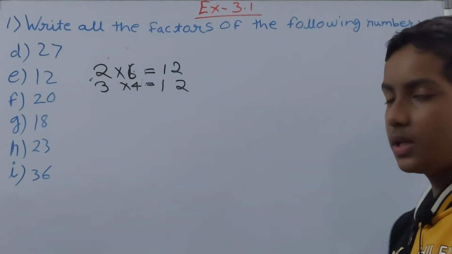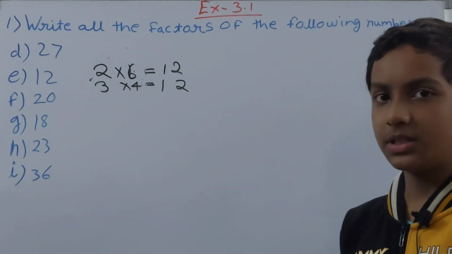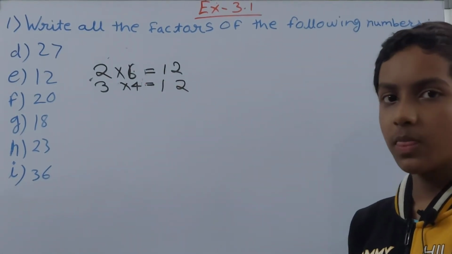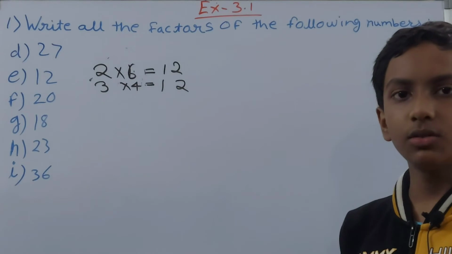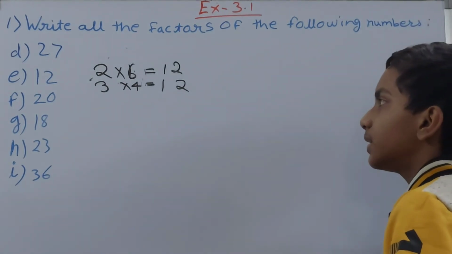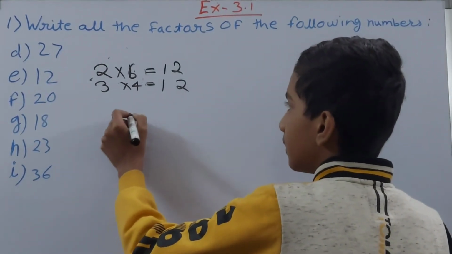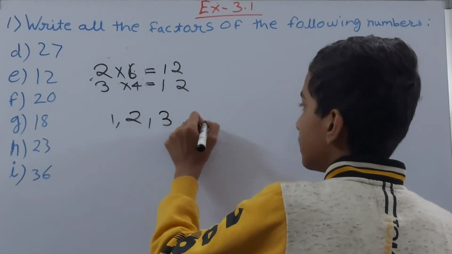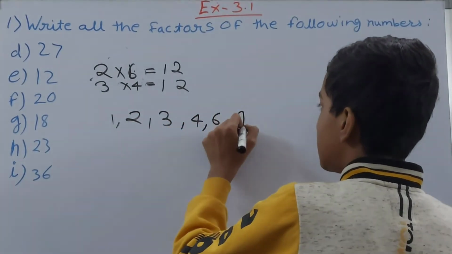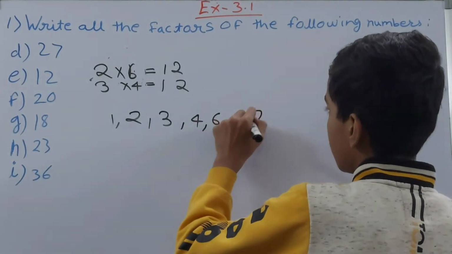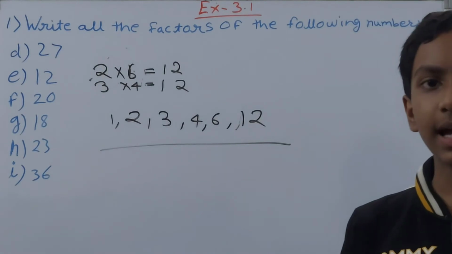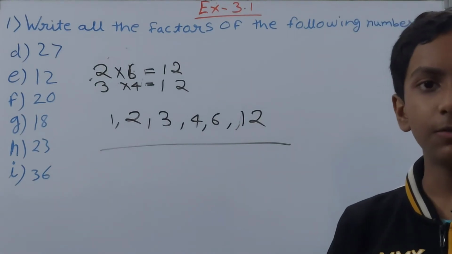Then 5 will not divide it. 6 2s are 12, but 6 is also taken here. 7 no, 8 no. So we have found the factors 1, 2, 3, 4, 6 and the number itself, that is 12. So these all are the factors of 12.